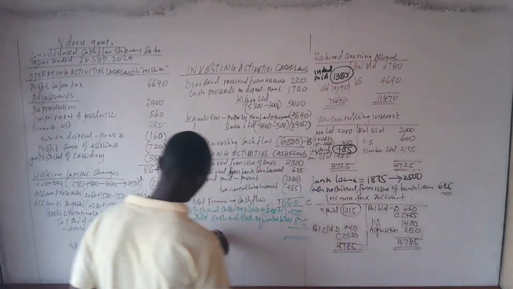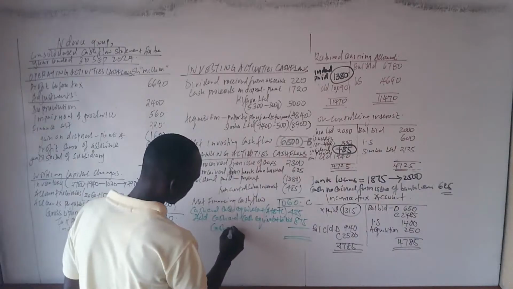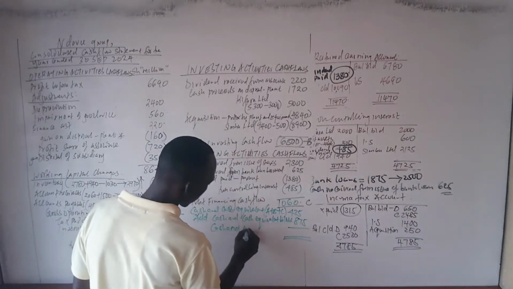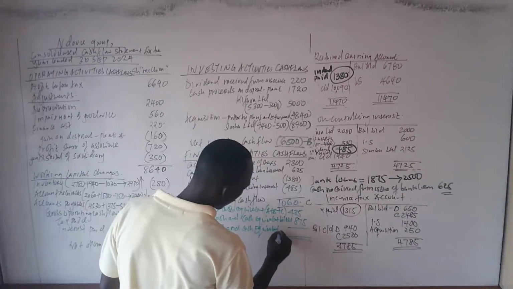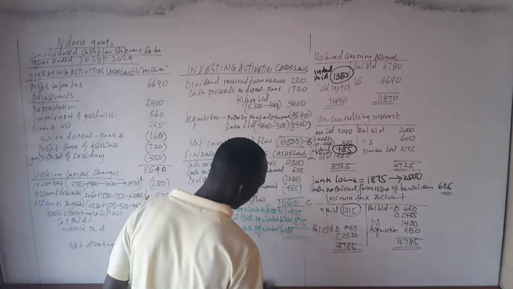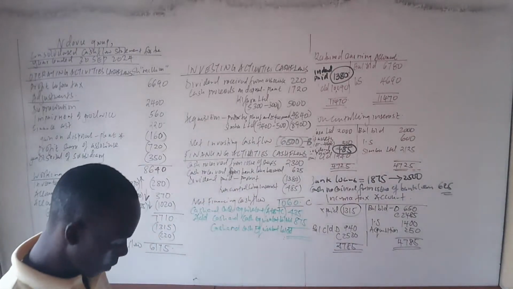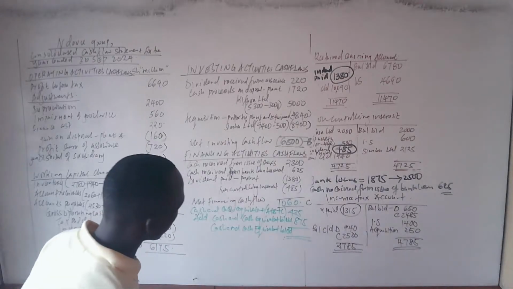Then from there they should reconcile with the cash and cash equivalent balance carried down, which was 1310.